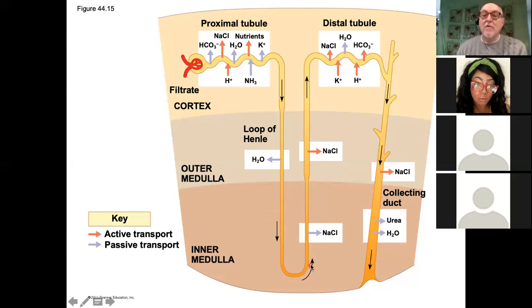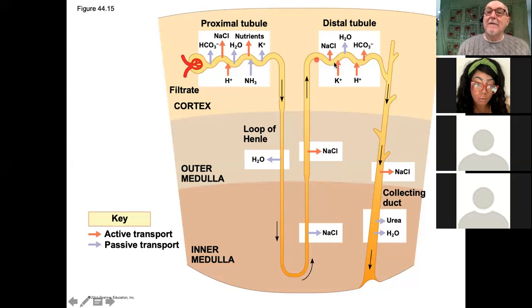As it moves up this limb here, it is impermeable to water, but it allows the passage of salts. The salt will pass out passively, but it can be actively pumped out as well by the ascending loop. No water goes across. So we've recovered lots and lots of water here.